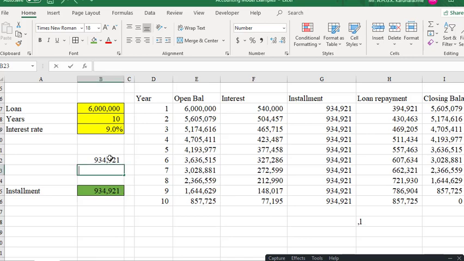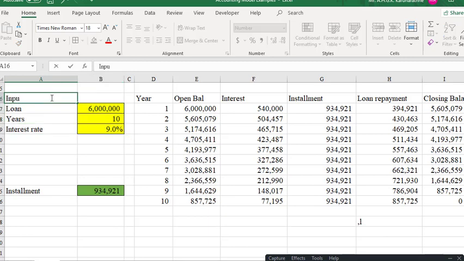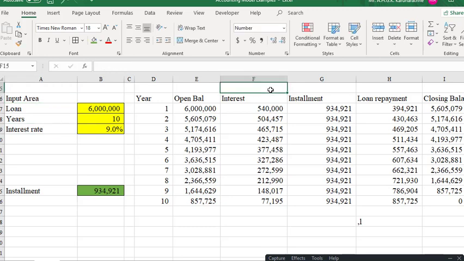I'll erase this, because I have developed it here. So this is the input area, only three inputs in our model, and this is our output area. This is our accounting model.